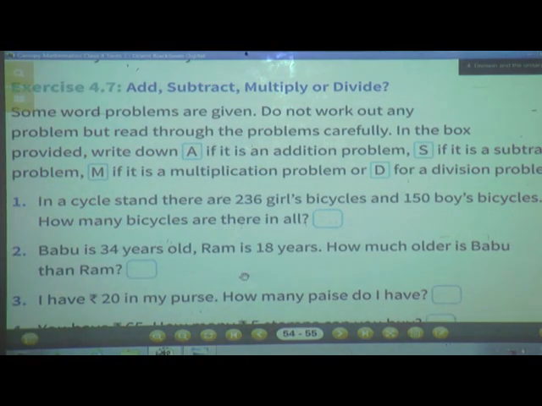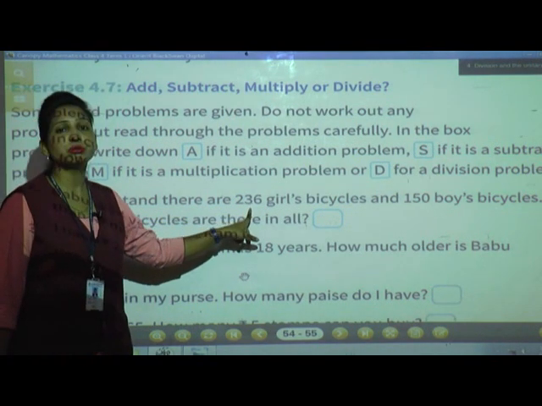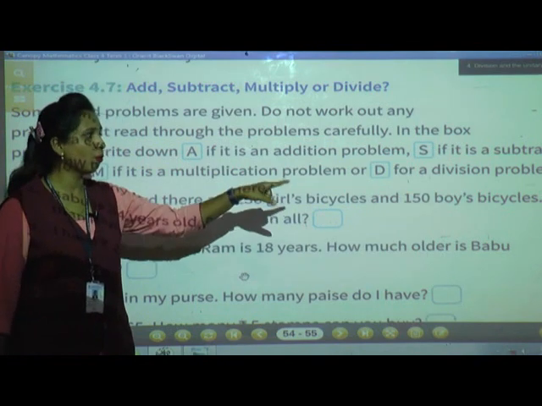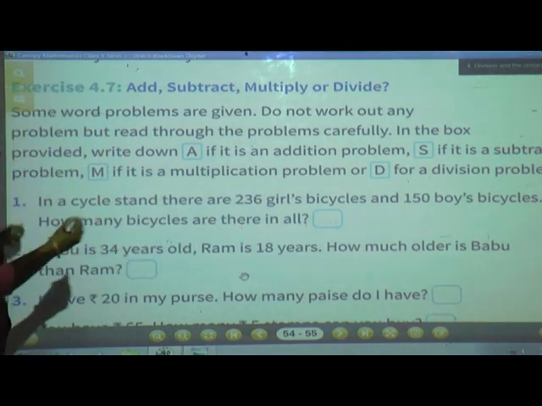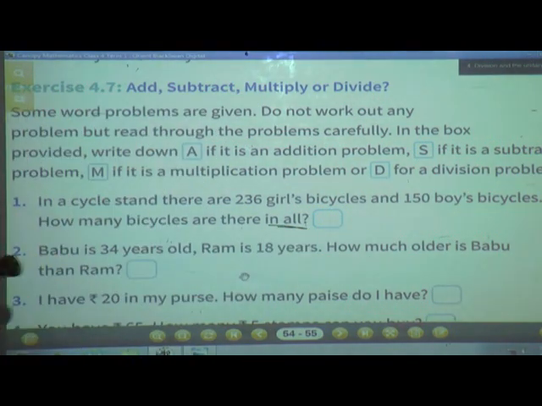See students, very easy. There is one bicycle stand. How many bicycles are there? 236 girls' bicycles, 150 boys' bicycles. So what will you do? In all. Whenever you see in all, you will do addition. How will we come to know how many bicycles are there?